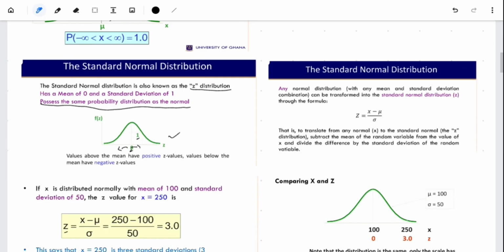Any normal distribution with any combination of mean and standard deviation can be transformed into a standard normal distribution, that is z, through this formula.